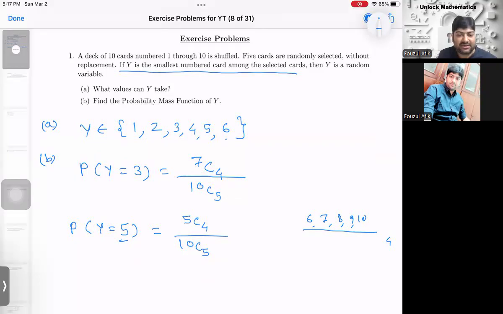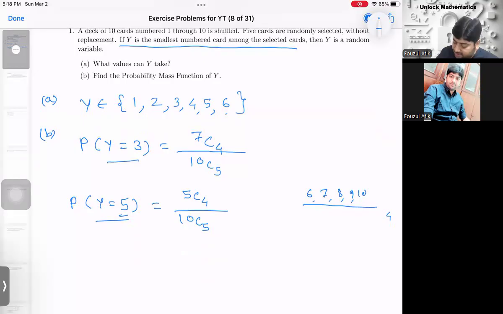Find the probability mass function of Y. Whenever Y equals 3, it is 7C4 by 10C5. Whenever Y equals 5, it is 5C4 by 10C5. So what is the probability mass function? P of Y equal to k: the smallest number is k, and the other 4 cards should be k plus 1, k plus 2, up to the value 10. How many ways is it possible?